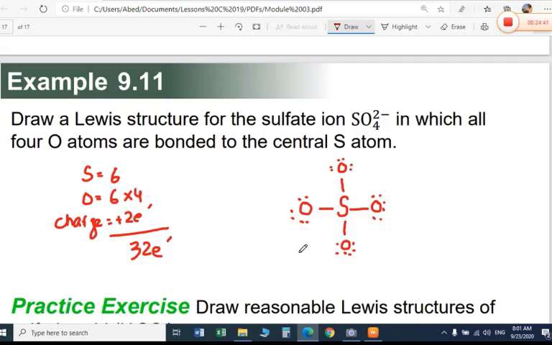And then check the total. The total will also be 32 because 6, 6, 6, 6 and in the central 8, so it will be 32. Same 32. There will be no double bond, no triple bond, but don't forget to close it in the bracket, because again the question is about the ion. So close it in the bracket and give the 2 minus sign here.